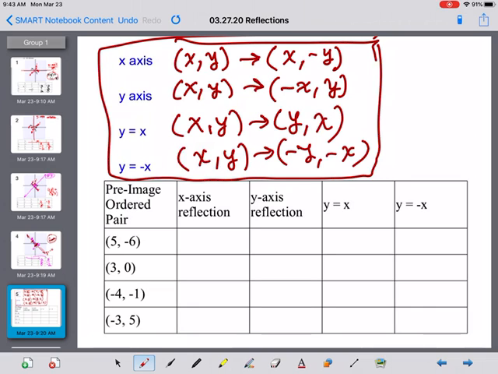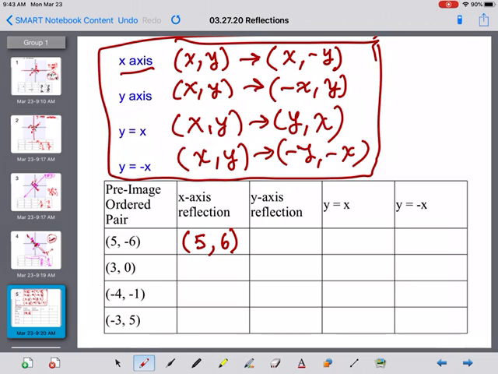So now the next question has you take an ordered pair and then just reflect that one ordered pair over the four lines that we talked about. So the x-axis is following (x, negative y). That means 5 stays the same, negative 6 becomes the opposite. Now the y-axis.